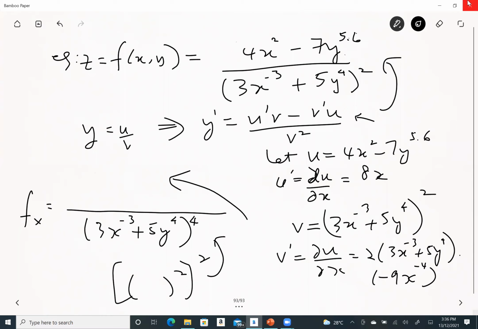Okay, all right, good. So now we want to do fy. So the formula is still the same, but here, okay, the u prime is what? The u prime is du dy, because we are going to do the partial derivative of the function with respect to y.